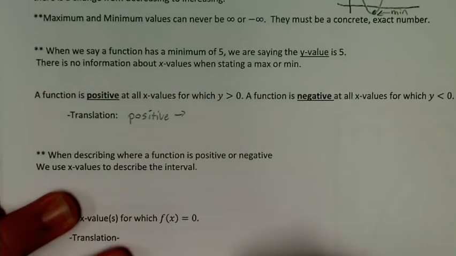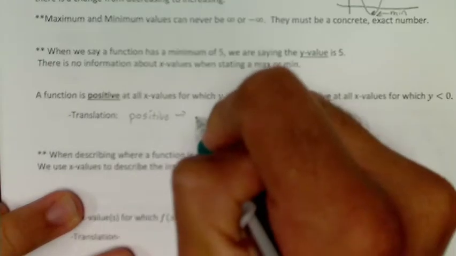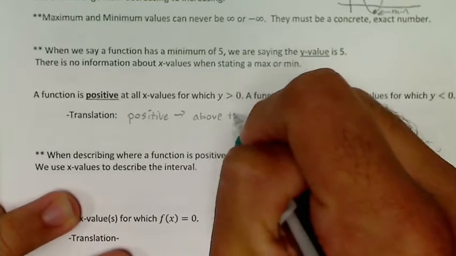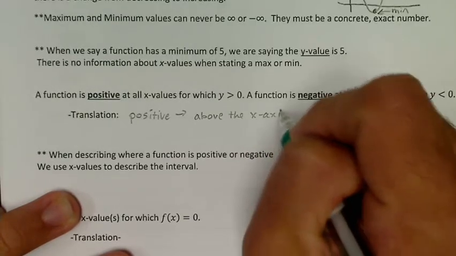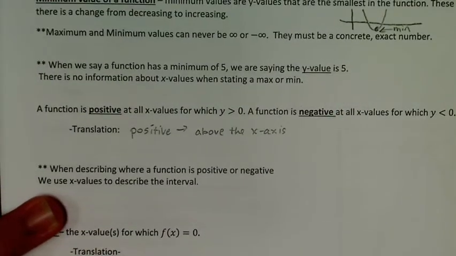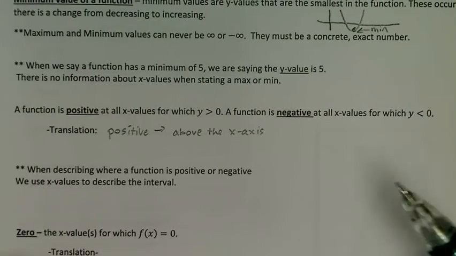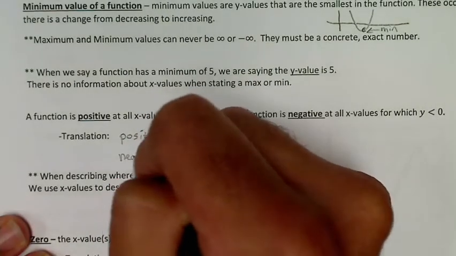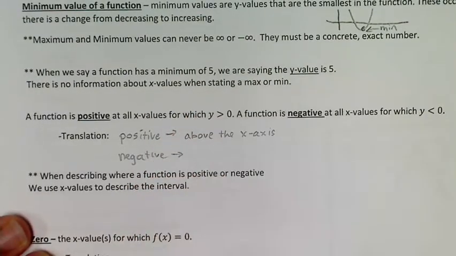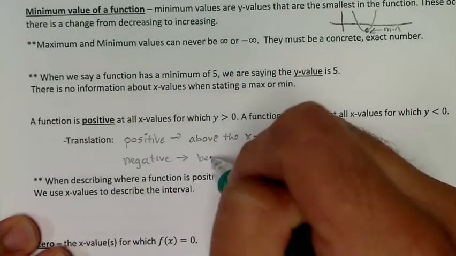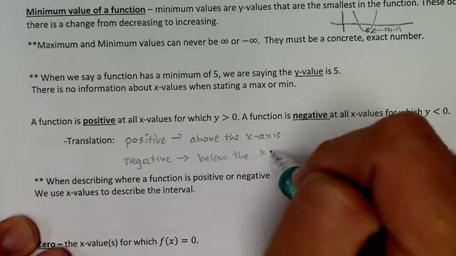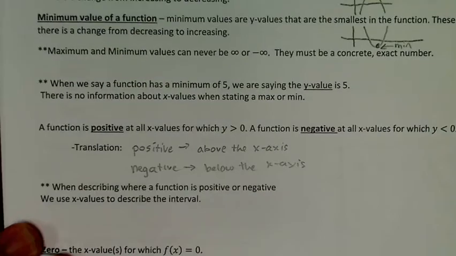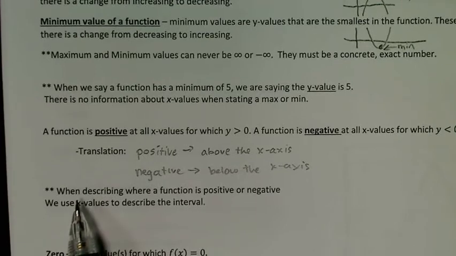So in order to be positive, we have to be above the x-axis. Okay? A function is negative at all x values for which y is less than 0. So to be negative, below the x-axis. So when describing where a function is positive or negative, we use x values to describe the interval.